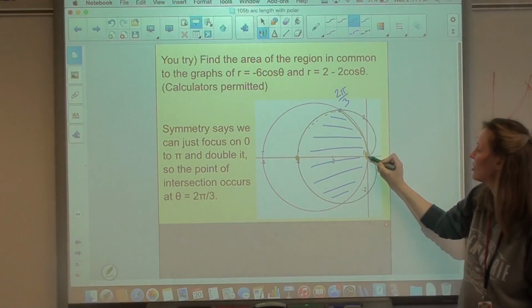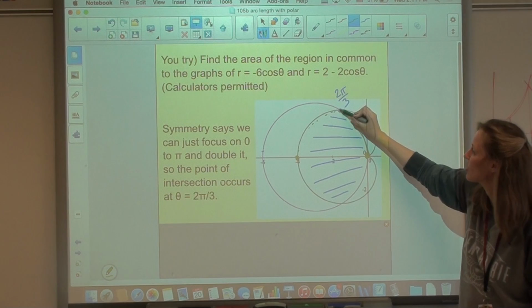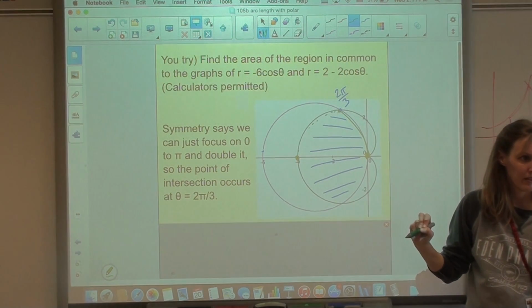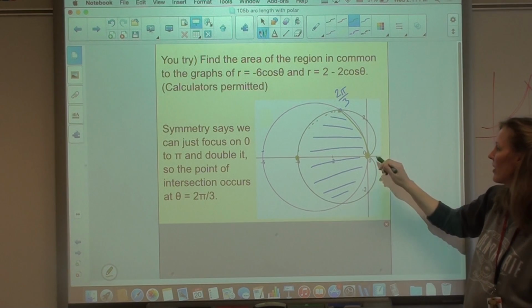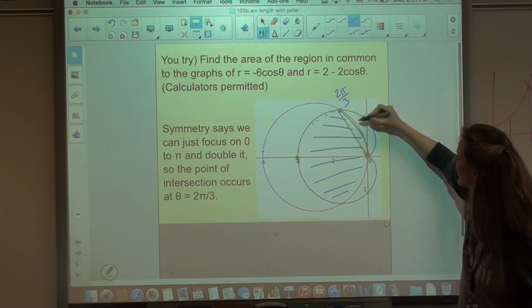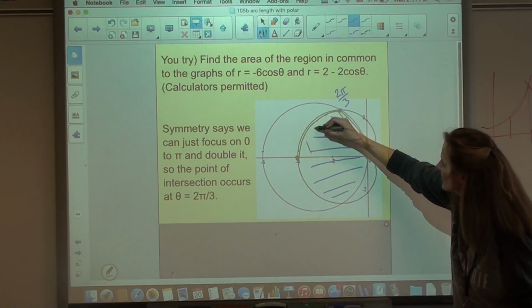So it's start to finish on the pink plus start to finish on the black. You have to figure out what this angle is on the pink, and you can think of it like the sliver plus this guy.